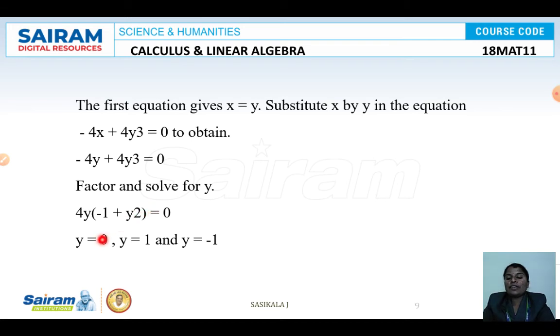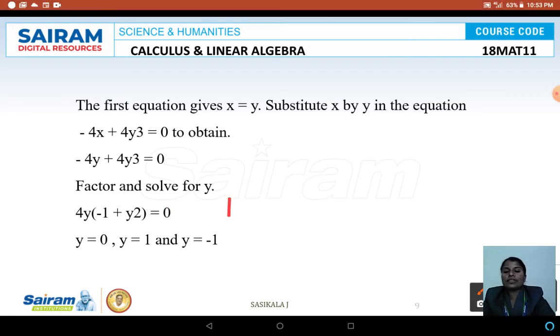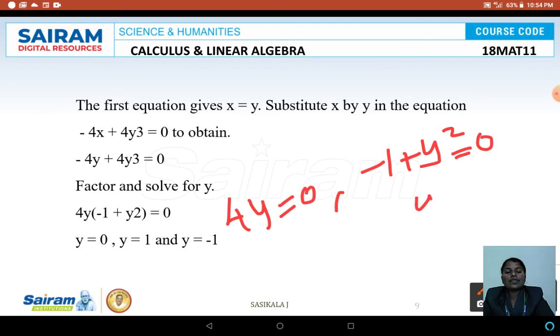That means y equals 0 or y squared equals 1, so y will be plus or minus 1.